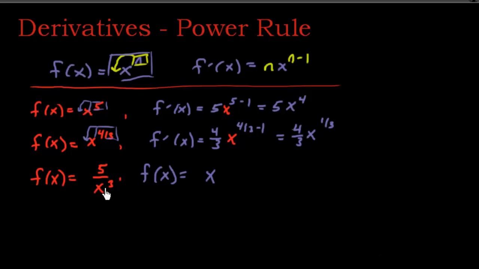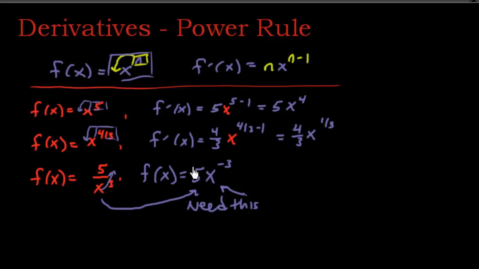Because x is on the denominator here, you have to bring it up to the top. As you bring it up to the top, you have to make the exponent negative. And then you still have the 5 up there. So this is the same thing as this, but you need it this way. Otherwise, the power rule doesn't work.